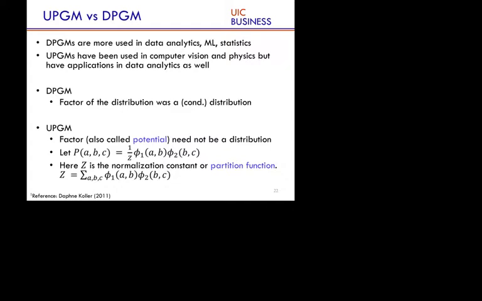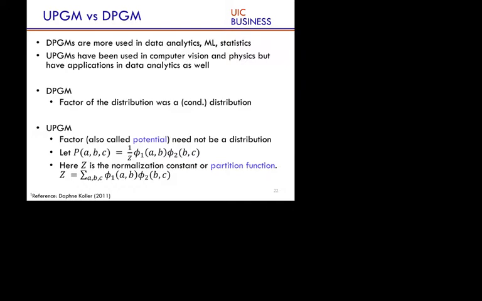Now these functions need not represent joint distributions of a smaller set of variables or conditional distributions or anything. And Z is just a normalization constant to ensure that this is actually a valid probability distribution function. Because if you sum over all the configurations of these 3 random variables, it should sum to 1, right?